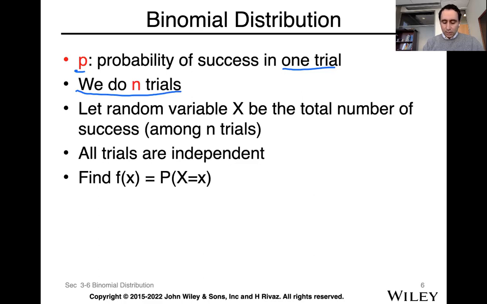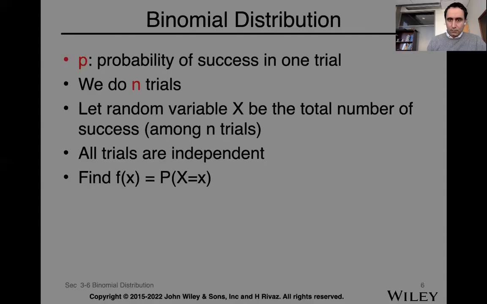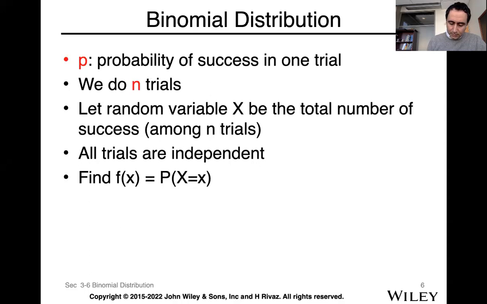You have to define success as something, so let's say in this experiment I define success as getting a 6. So in this experiment, p is equal to 1 divided by 6. And since I'm rolling the die 10 times, I'm doing this experiment 10 times, so n is 10.